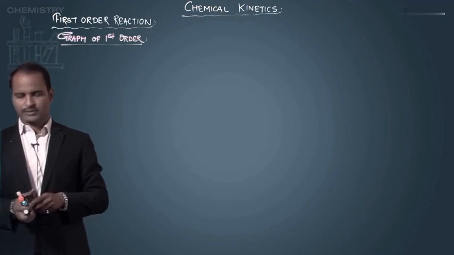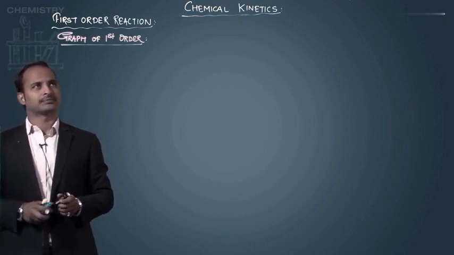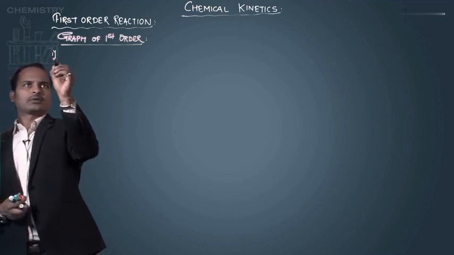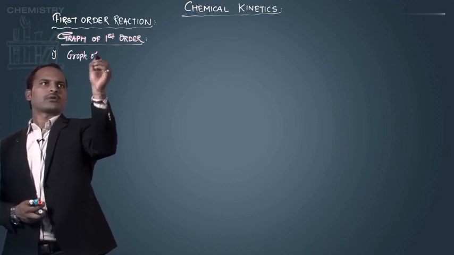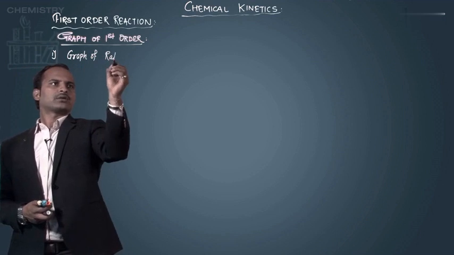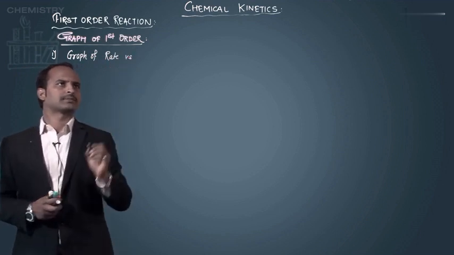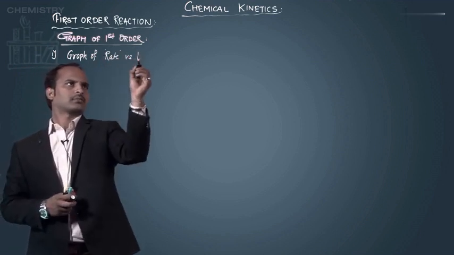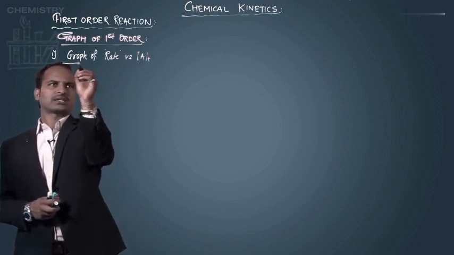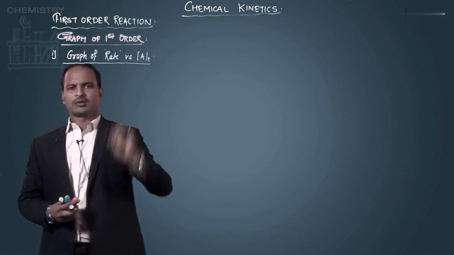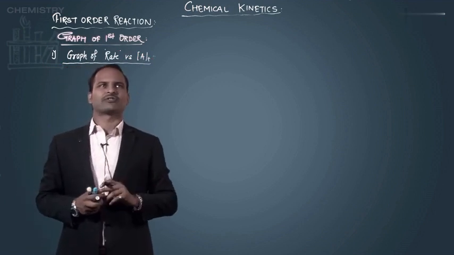The first one is the graph of rate versus At, that is concentration of reactant.